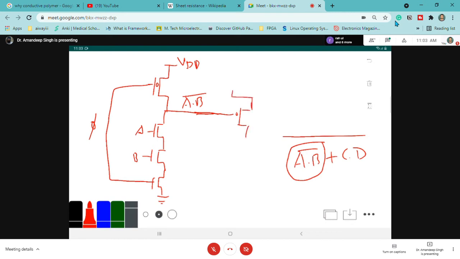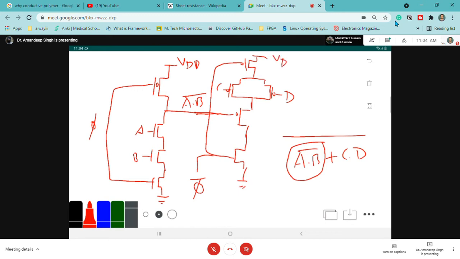Here we are having two PMOS, which have C and D, and this is again pre-charge, and here we have the evaluate circuit. This will be connected with phi bar.